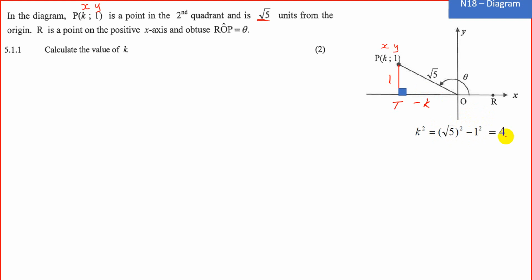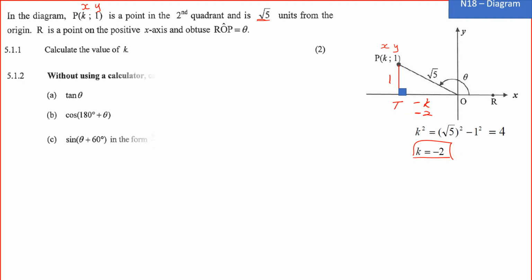And if we find k, it is plus or minus the square root of 4, which gives us plus or minus 2, but we are choosing negative 2 because it's on the left side of the x-axis. Now, that gives us the first answer we're looking for, that k is equal to negative 2. And we can put that into our diagram to help us for the next question.